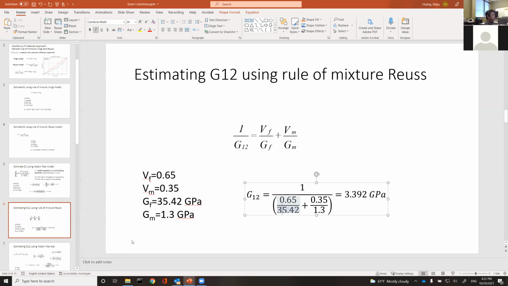0.65 divided by 35.42 plus 35 divided by 1.3. All right, it's 3.477.